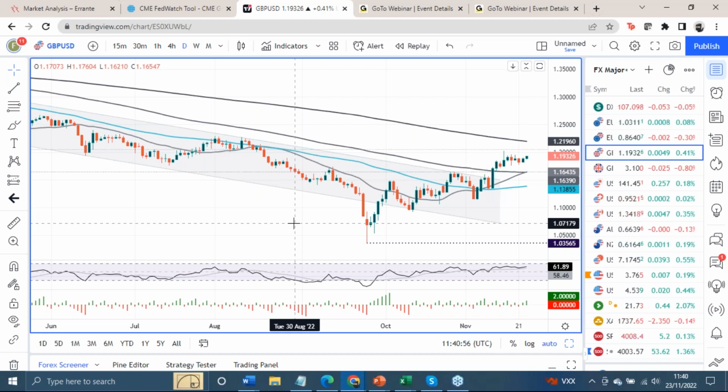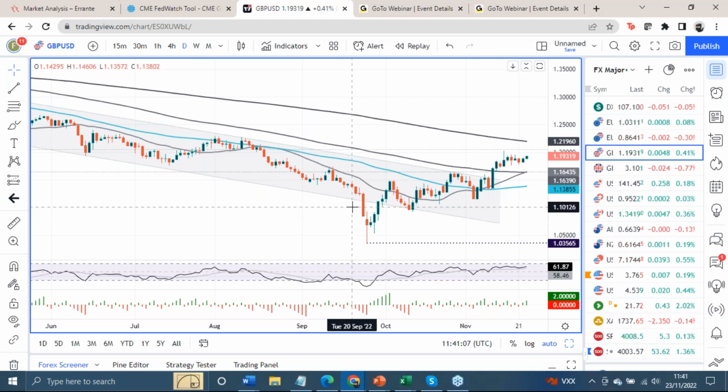So grim on the domestic side, but for sterling against the dollar, of course, you've got to check out dollar dynamics, and also sterling rising on global risk sentiment generally. That's been the driver recently.